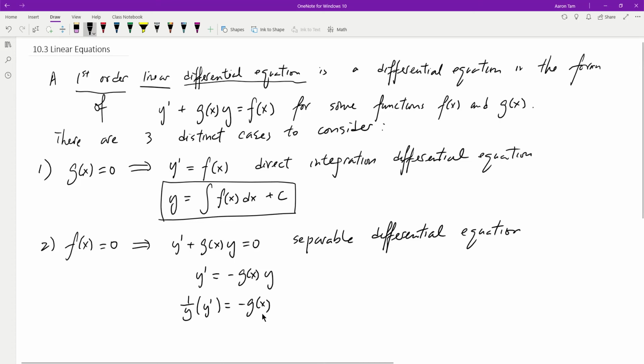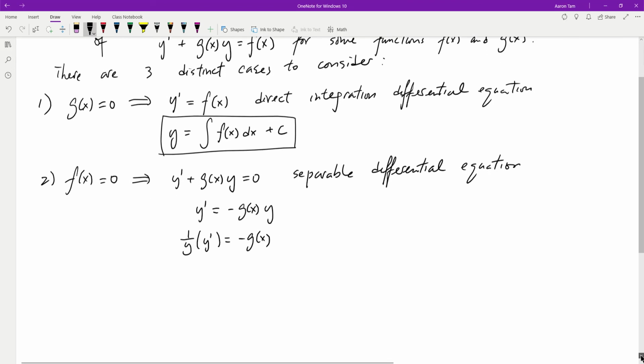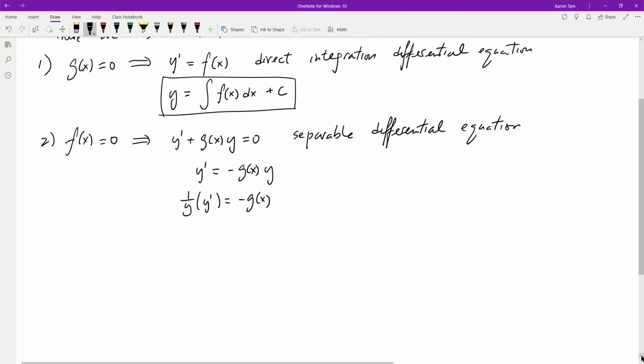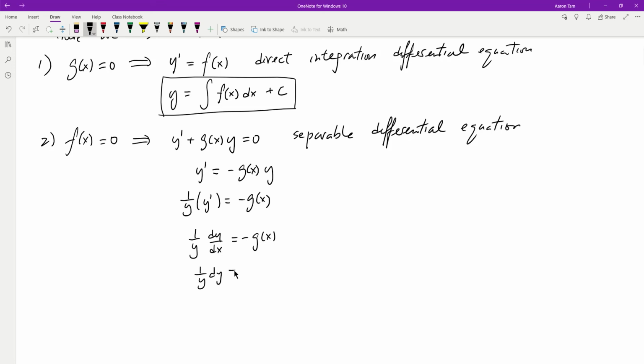So now we can look at what the solution set would look like. I can simply try to solve this equation. I'm going to rewrite y prime as dy over dx, and separate dy and dx.